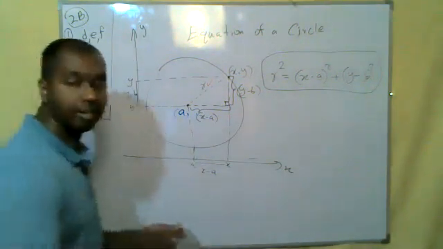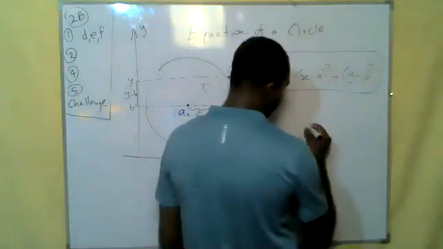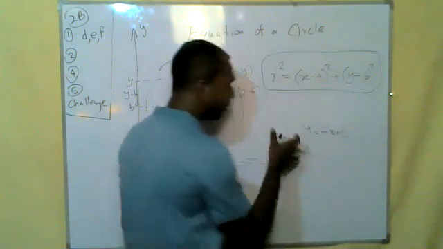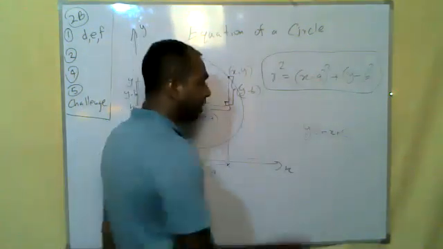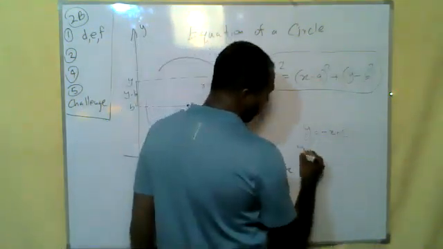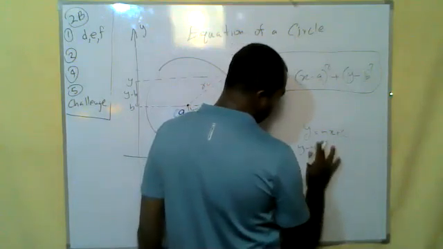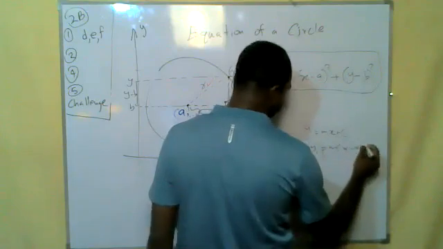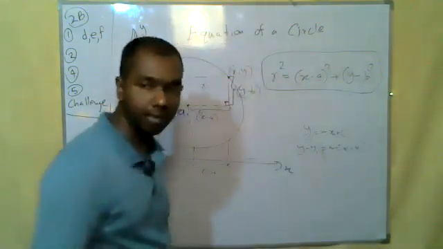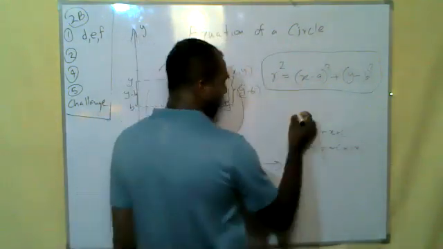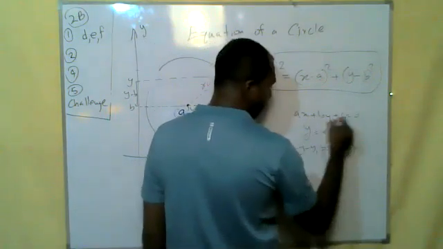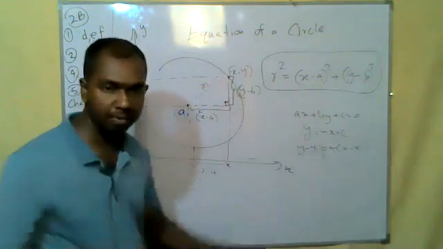For any straight line, we can write it in the format y equals mx plus c. And we know it is not the only format. Depending on the data given, we can use y minus y1 equals m times (x minus x1). There are different shapes of this equation, no? Or we can write it as ax plus by plus c equals 0. This format is also applicable for any straight line.